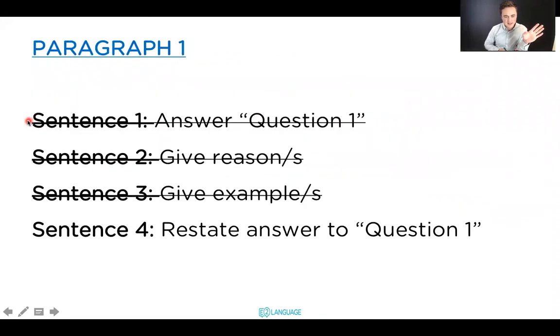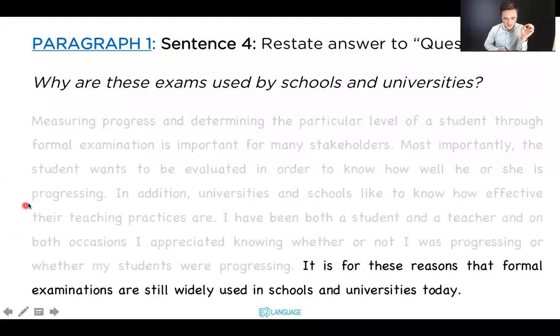So let's look at the fourth sentence. We've answered question 1. We've given reasons. We've given examples. Now we just need a little concluding, summarizing sentence where we restate the answer. I'm going to show you mine. Mine says this: it is for these reasons that formal examinations are still widely used in schools and universities today.